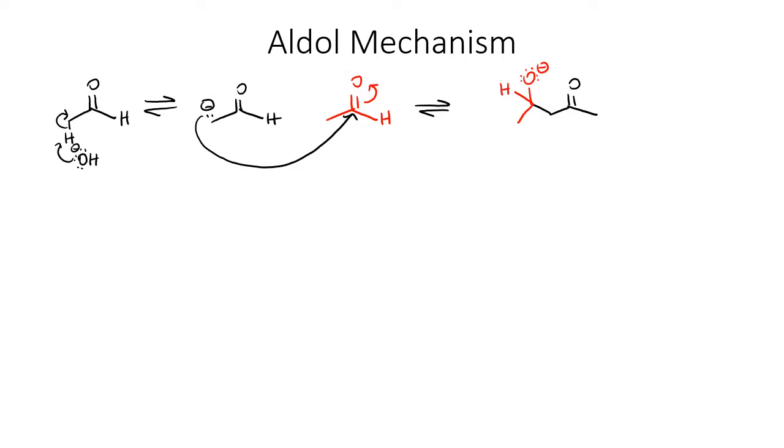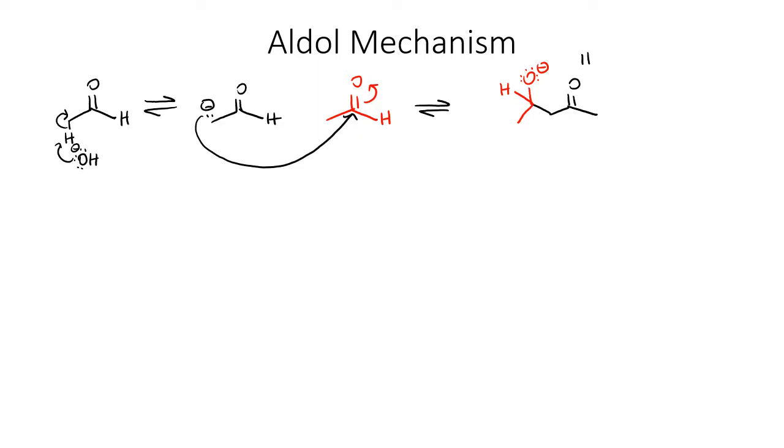Now at this point, we have a negative charge on our oxygen. Now the electrons are not going to come back down because there's no leaving group that's capable of leaving. So we cannot have an H or any R groups act as leaving groups. So it will really just hang out in this form until it comes in the presence of water.